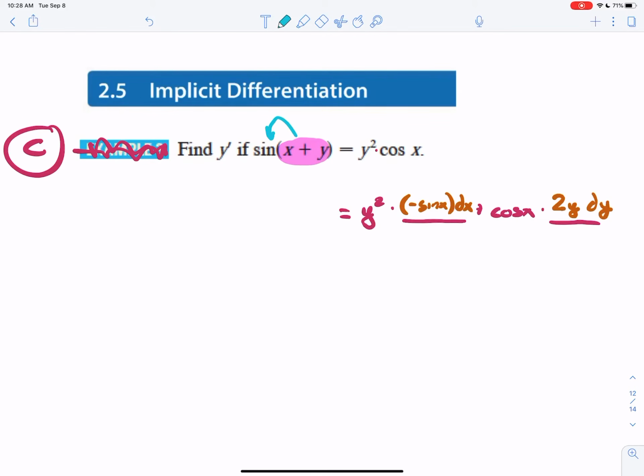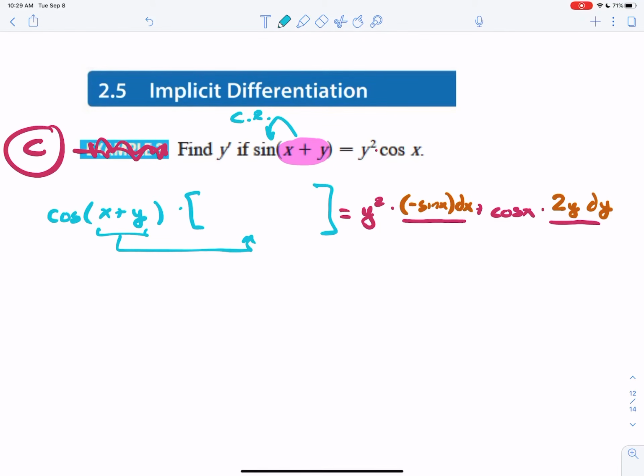We have to apply the chain rule. The chain rule is the derivative of the outside, the derivative of sine is cosine, the derivative of the outside of the same inside, times the derivative of the inside.